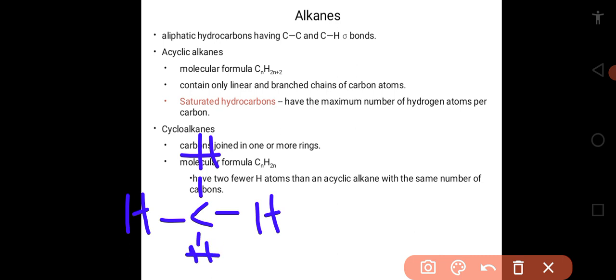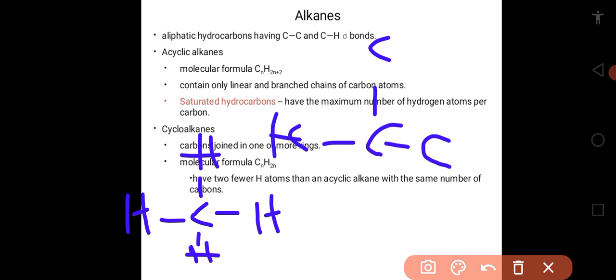Although you can have carbon to carbon bonds, what we are referring to here is the tetravalency. So you can have a carbon to carbon single bond, something like this, with hydrogen here, also hydrogen here, and here also hydrogen.